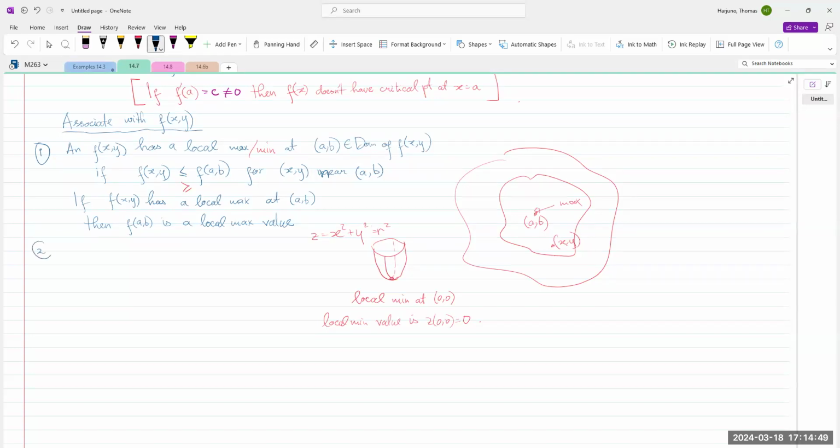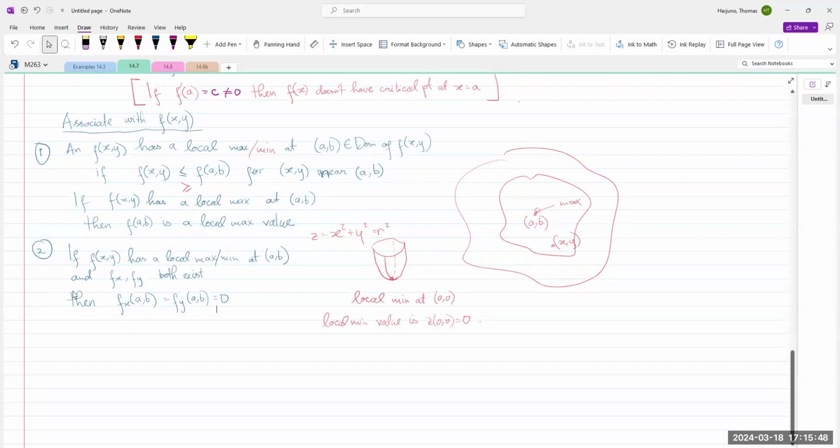Okay, now that's the first note. The second note: if f(x,y) has a local max or minimum at (a,b), and the partial with respect to x and the partial with respect to y both exist, then it must be because the partial derivative with respect to x equals the partial derivative with respect to y equals 0.